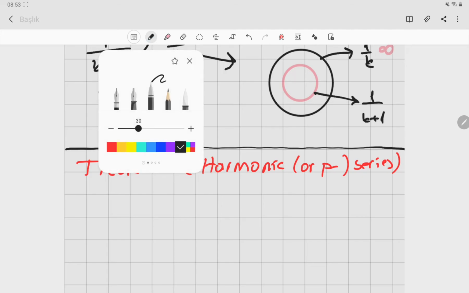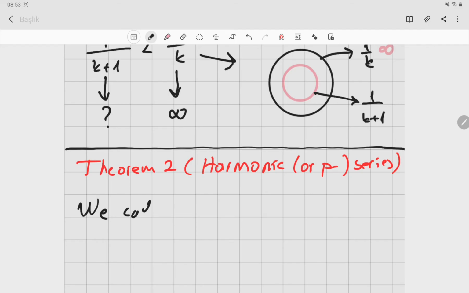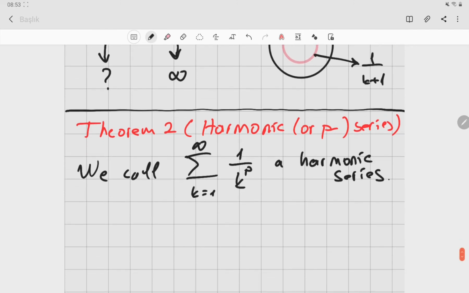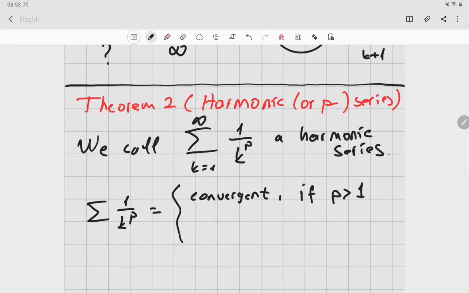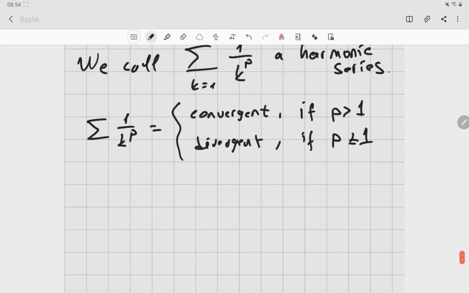We call the sum from 1 to infinity of 1 over k to the power p a harmonic series, and this is convergent if p greater than 1, and divergent if p smaller than or equals to 1.